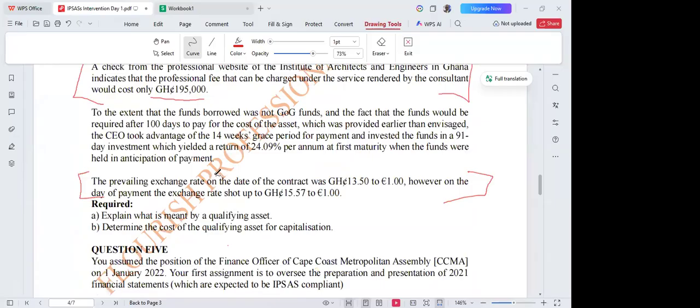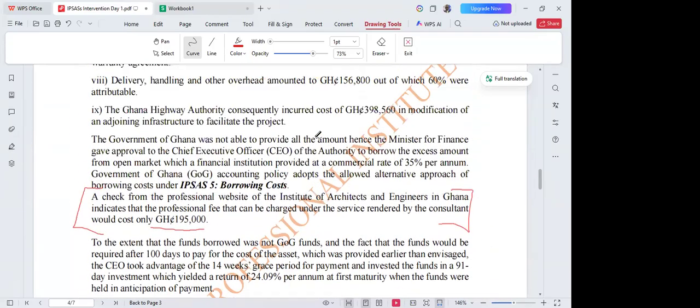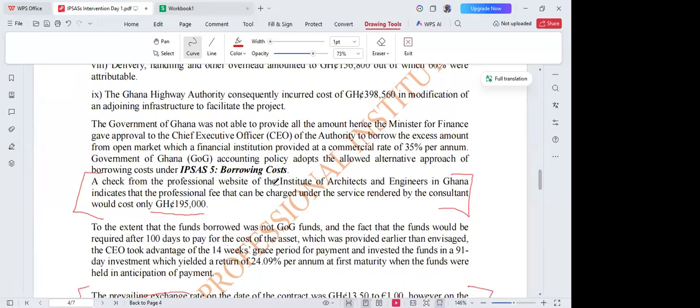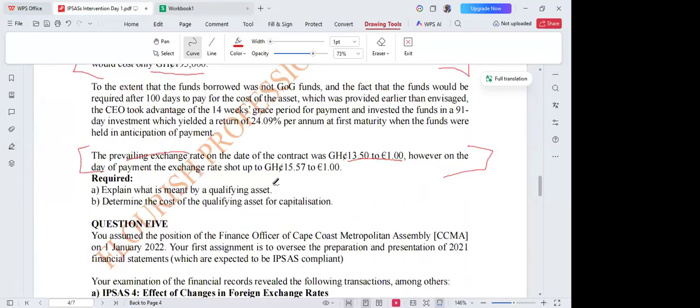Okay. So, as you all rightly said, the prevailing exchange rate was 13.5 to $1. But on the date that we intend to pay, it is 15.57. So we check, did they make any indication about the payments? Did they tell us anything about the payments? They didn't make mention of any of that, right? All right.